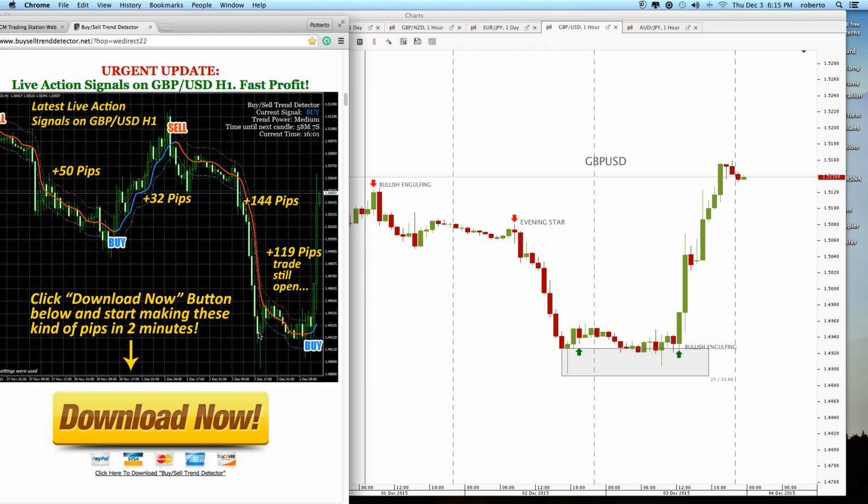Well, I can't be looking at 12 or 15 pairs at a time, and you can load this indicator on that many pairs, so it's always going to generate a signal. If you're looking at maybe 2 or 3 pairs and a signal is generated on a pair you're not looking at, then you can scan to that one and take a trade, and take several trades.